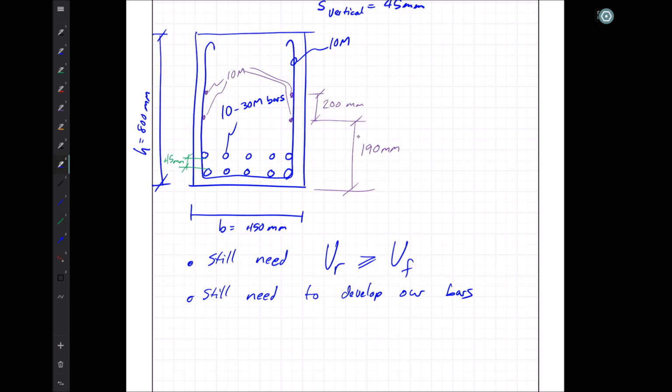So this would be ensuring that we have proper bond and development length, and we space our bars appropriately along the plan and elevation of our beam rather than just through our cross section. But otherwise, we have finished our problem.